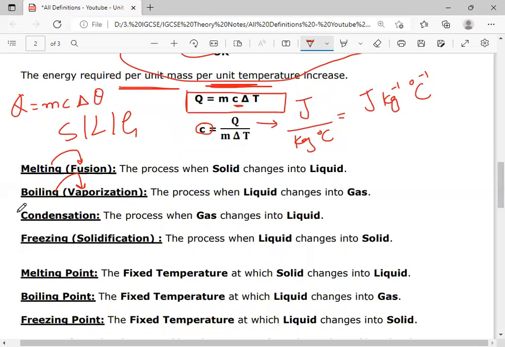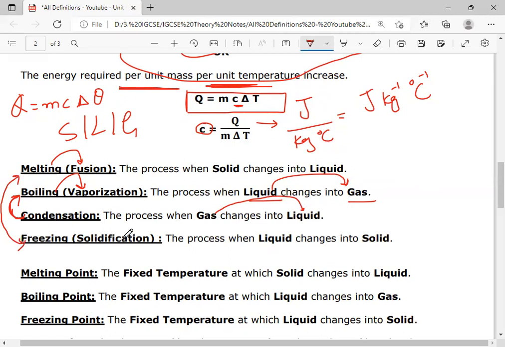Condensation is the reverse process of boiling. In boiling, which state of matter is converted into gas? Liquid turns into gas, while in condensation, which is the reverse process, gas changes into liquid. And freezing or solidification is the reverse process of melting.